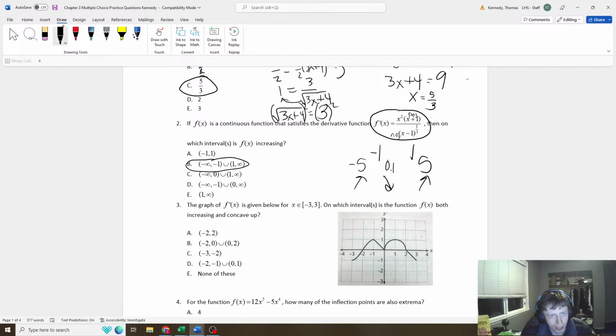So I didn't plug that in because it would 0 out my equation, and I'm not actually decreasing there. I mean, technically, I could call that a critical point. I could put the 0.1 over here and test negative 0.1. That would also be decreasing. And this would be the most official way to do it, the way we did it in class. But you can also use the trick where anything squared will always be positive, and you can use that to cut down the amount of work you do on questions.